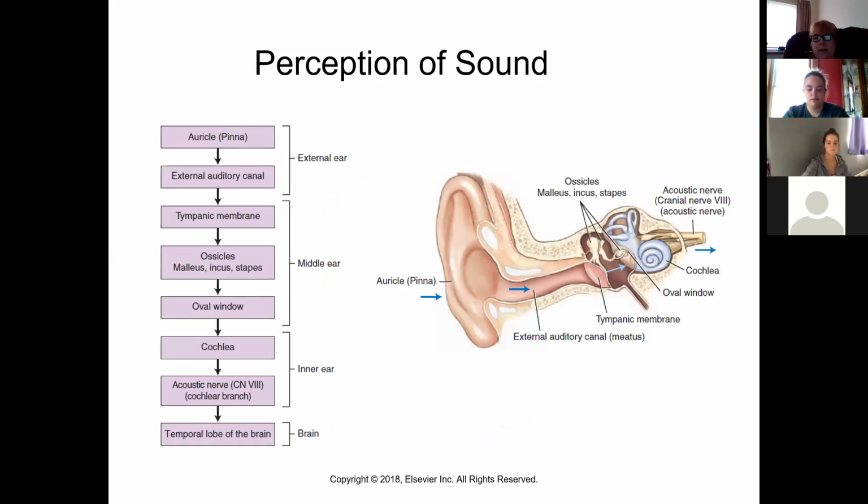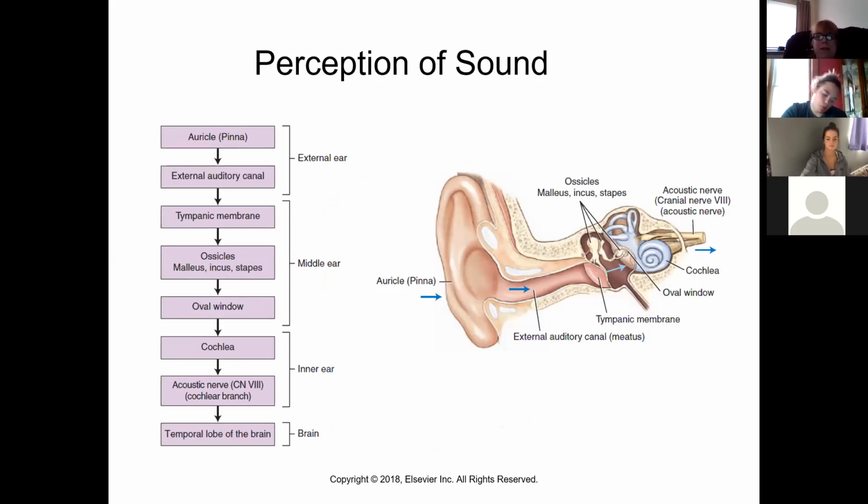So this is just basically a graph or a chart of how sound is perceived. Okay, we can't measure sound by looking at it, so we measure it by listening to it. So if you have a break in any of these steps, then you're not going to be able to hear.